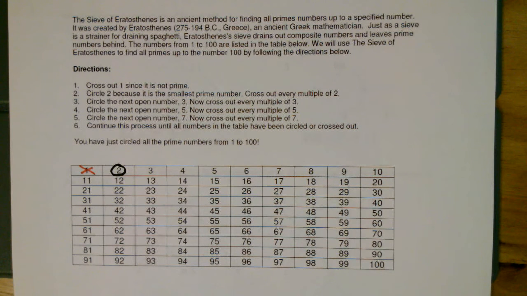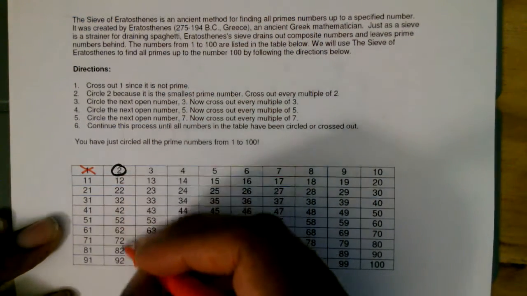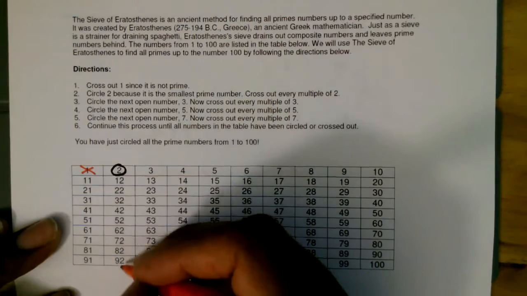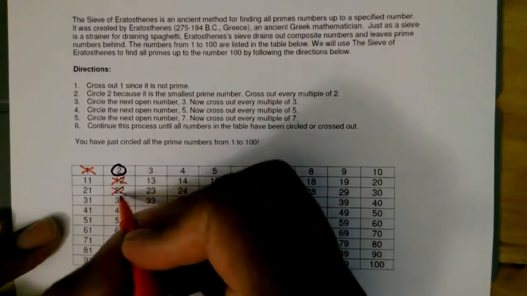Well, multiples of 2 will end in either 0, 2, 4, 6, or 8. So I'm going to cross out columns where the numbers end in a 2, a 4, a 6, an 8, or 0. Well, take a look at this column right here. You have numbers that end in 2, so these can be crossed out.